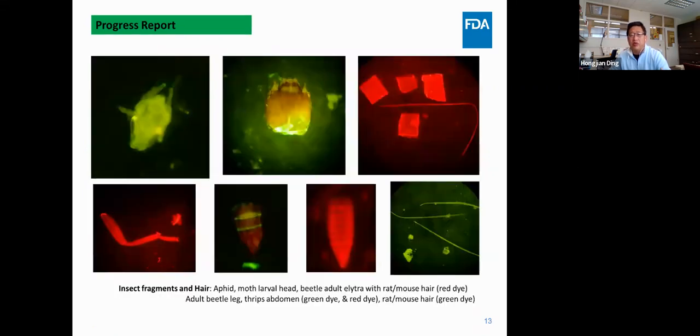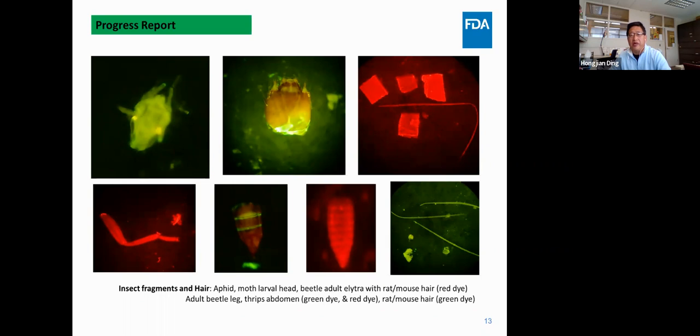Next I will try different insects. That's the aphids, there's the moth larva head, that's a leg, that's a shrimp abdomen, with different colors, green dye and red dye. This is the man-made elytra, adult beetle elytra with hair.